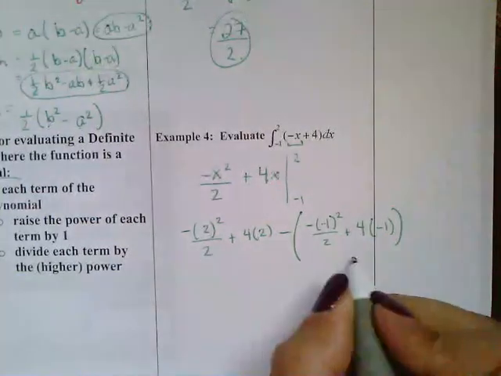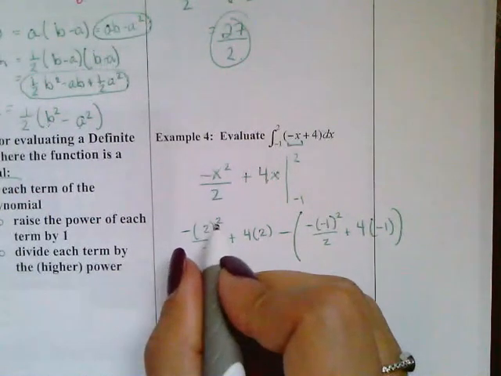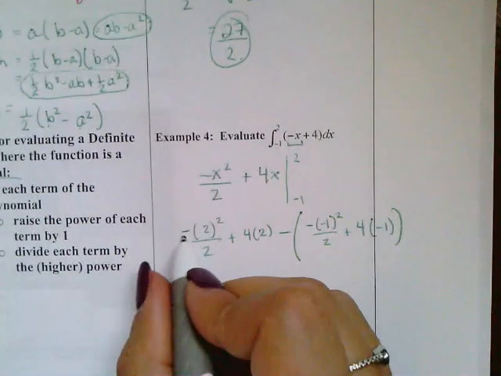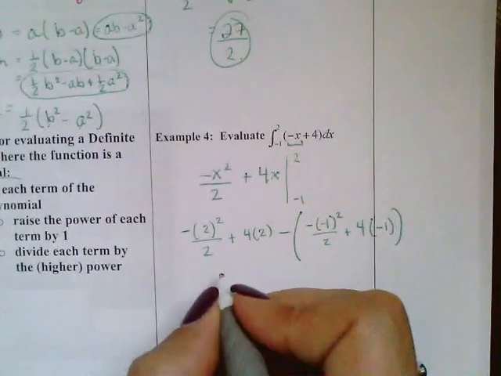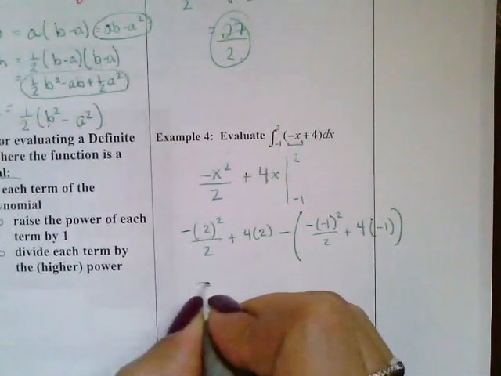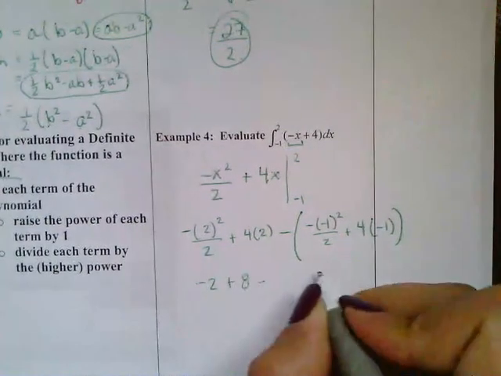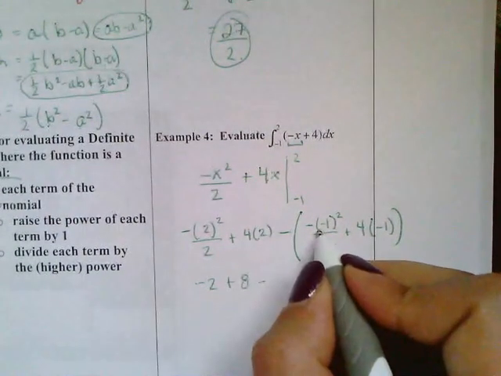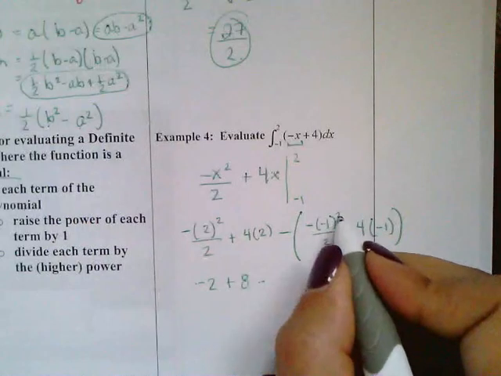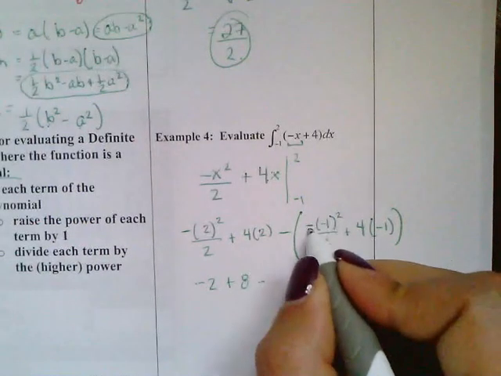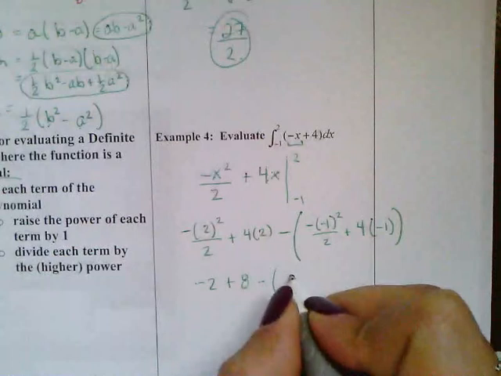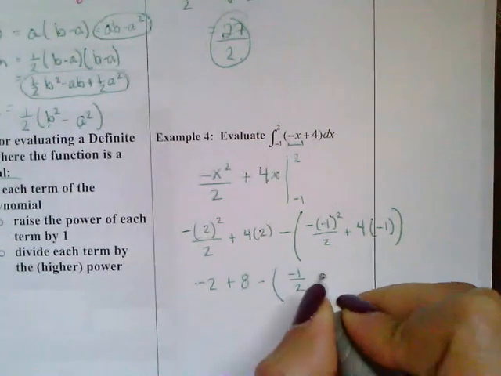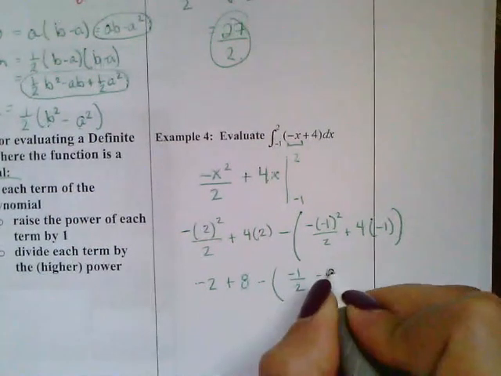So do the math. 2 squared is 4 divided by 2, that's 2 plus 8 minus, and you notice how I'm placing the parentheses correctly. So negative 1 squared is 1 times negative 1/2 is negative 1/2. 4 times negative 1 is negative 4.